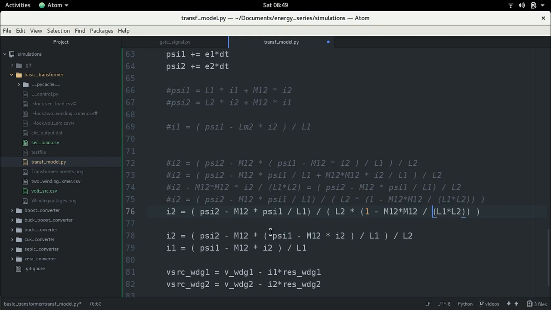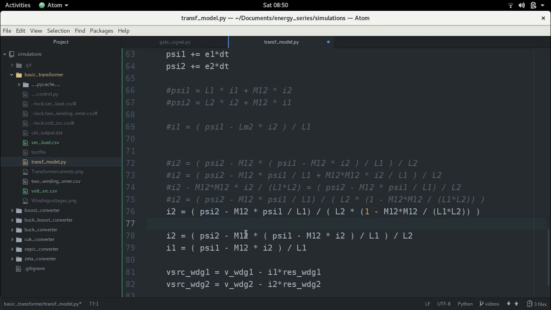So just a quick recap. All I have done is I have opened this expression out, taken out the I2 term, taken the I2 term to the left hand side, and resubstituted it to create a new term for I2 which is devoid of I2 on the right hand side. So I2 now depends only on known terms, psi2, that is the flux linkage of winding 2, and the flux linkage of winding 1.